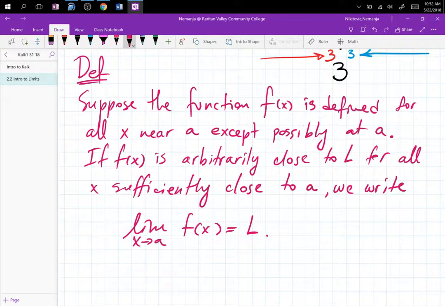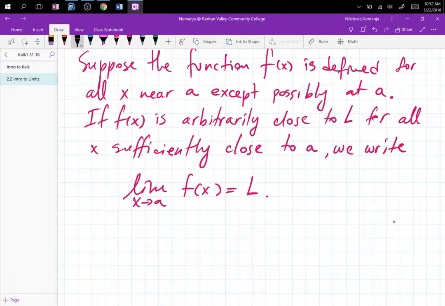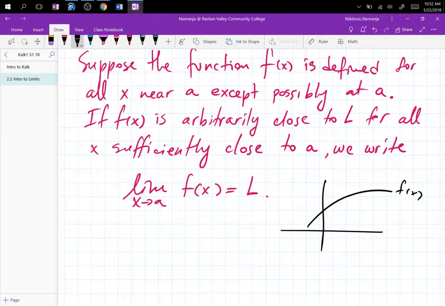So this is the definition that technically says whenever x is approximately, well, let me draw a picture over here. I'll put some arbitrary function f of x. Here is your x equals a. That will produce L. Observe that the function doesn't have any jumps, breaks, anything like that.